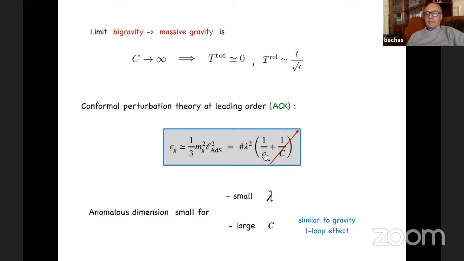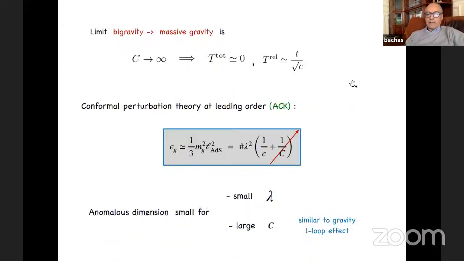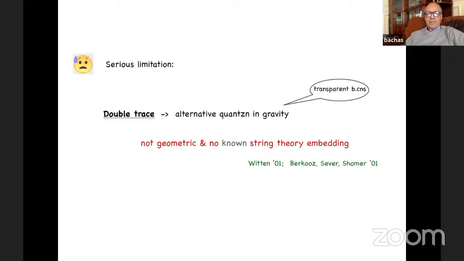If little c is large, if my CFT is large, in a sense, this also suppresses the anomalous dimension. It looks superficially like a one loop quantum gravity computation. And actually Porrati, who wrote some very similar ideas a little before, just used transparent boundary conditions and the one loop calculation to get essentially the same answer.